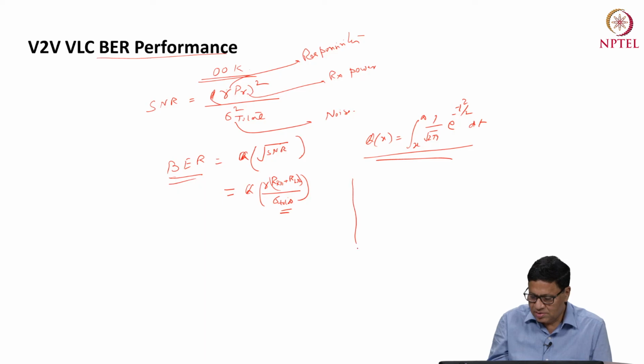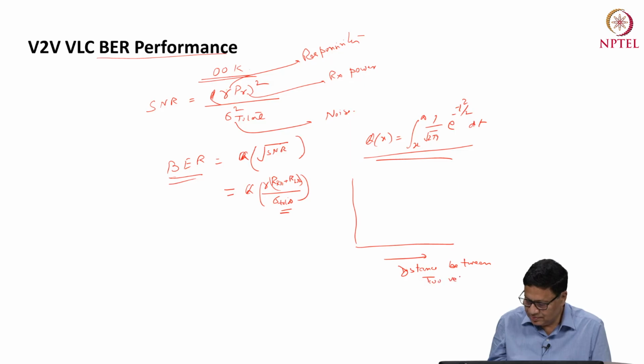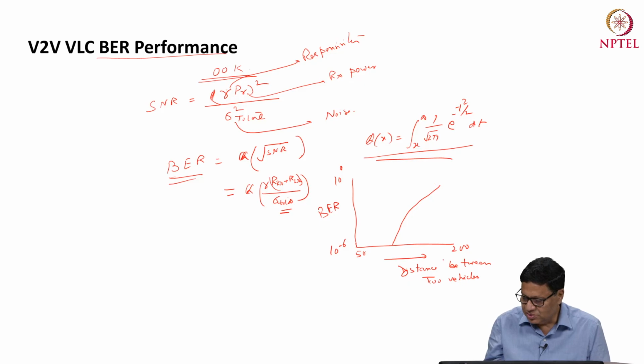And if you plot, for example, the distance between two vehicles, and on this side BER, bit error rate, starting from 10 raised to the power minus 6 and this is 10 raised to the power 0, and the distance let us start at 50 and this may be 200. So what you get is something like this. As your distance increases, because your received power is less, your BER performance goes down. This is the case without MIMO.